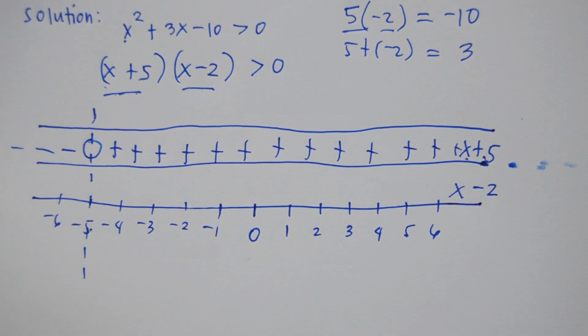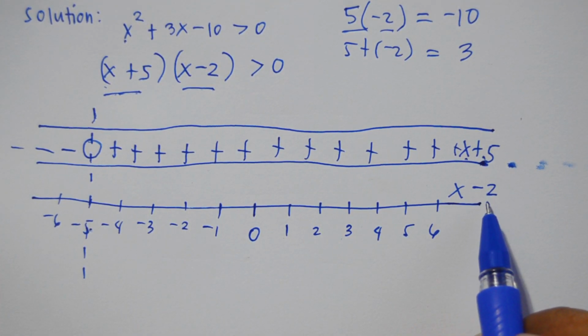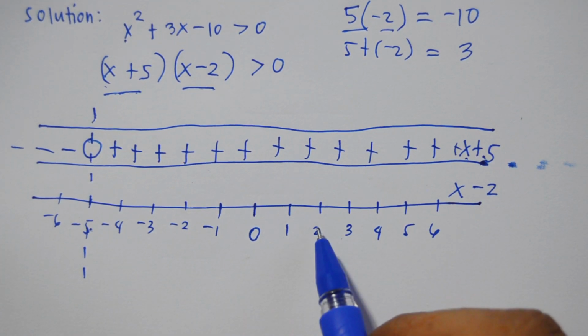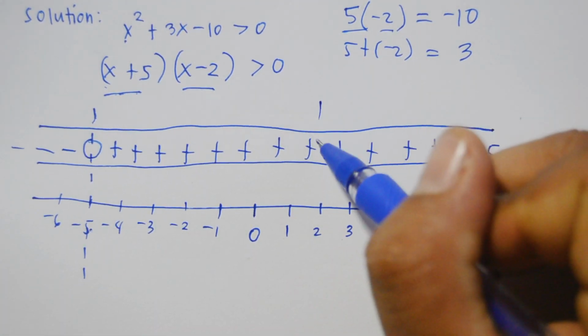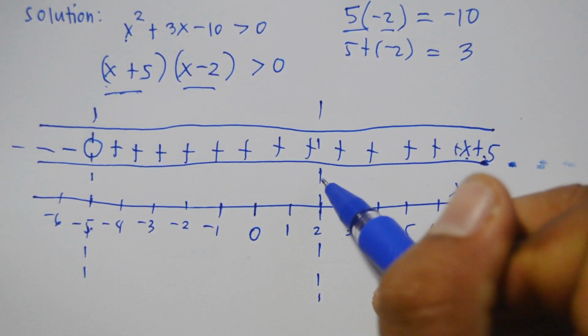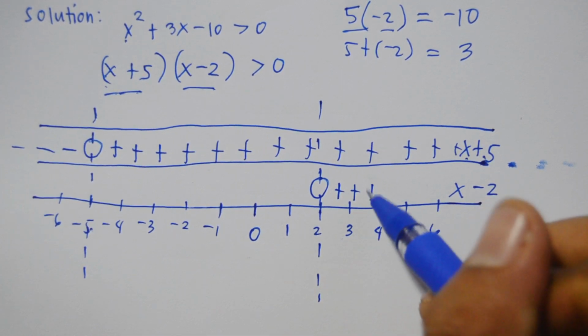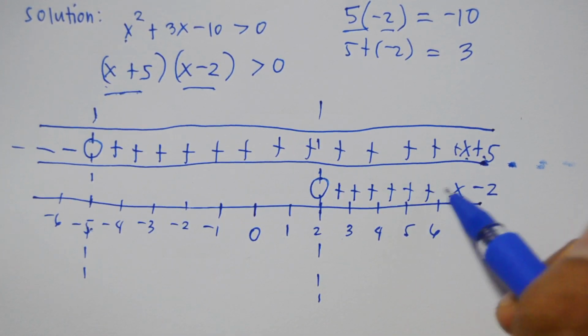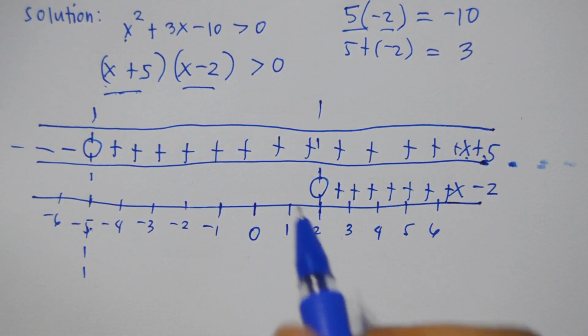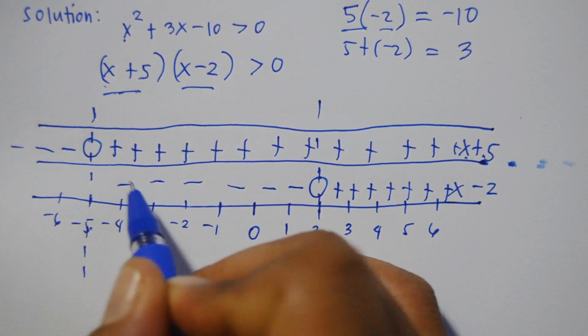And for x minus 2, the value of x in which x minus 2 is 0 is 2. So we draw a vertical broken line at 2. The right side of 2 is positive and the left side will be negative.